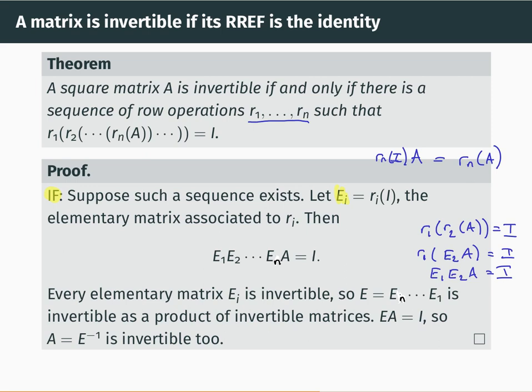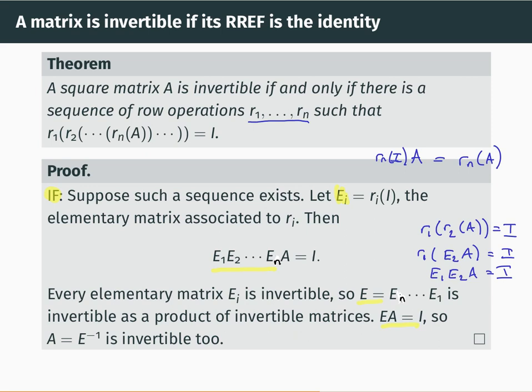So this equation here is simply what you get by using that fact a number of times. Okay, but all of these elementary matrices are invertible. We proved a theorem saying every elementary matrix is invertible. We also know that a product of elementary matrices is invertible. So the product, which we have here, E1 up to En, is a product of invertible matrices, so it's invertible. If we give it the name E, then what we have is that E times A is the identity.